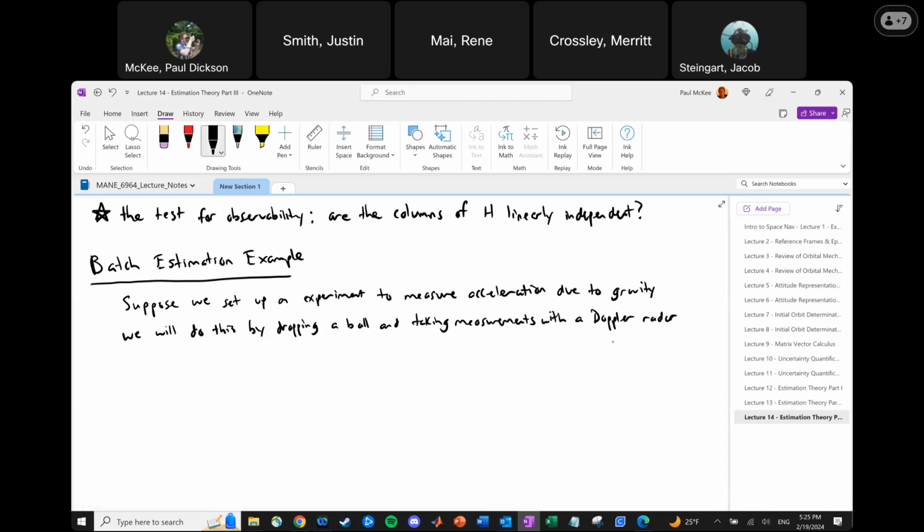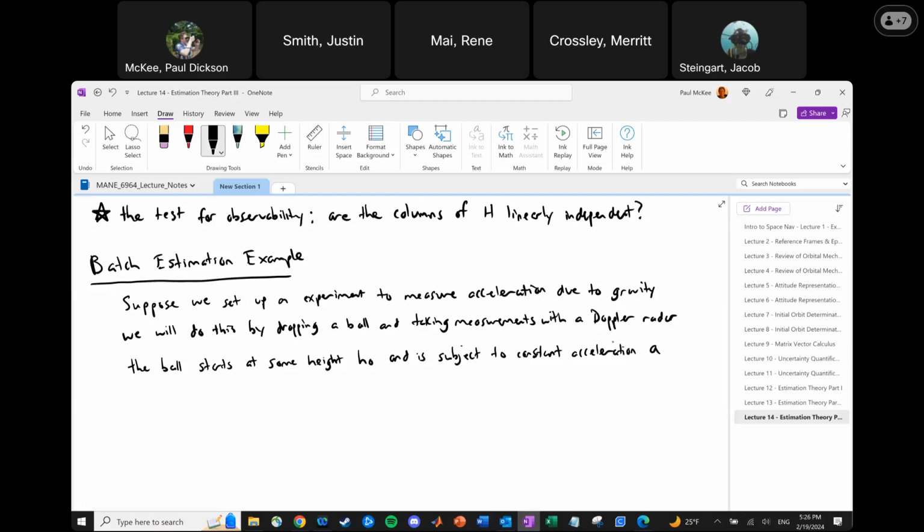So we'll say that the ball starts at some height, which we'll call h naught, and is subject to constant acceleration, which we'll just call A. All right. So we're assuming a uniform gravity field, which is fine for most practical purposes on the surface of the Earth.